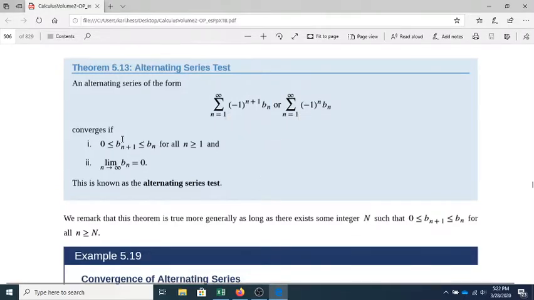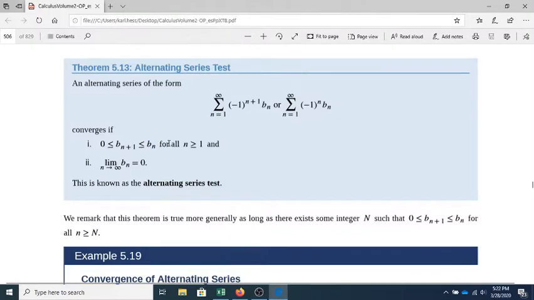So here's the deal. The test is telling us that the alternating series converges if there are two conditions. One is b sub n plus 1 is always less than or equal to b sub n, which means it's decreasing. Whenever you go to the next term, the absolute value of the term is less than or equal to the absolute value of the last term.